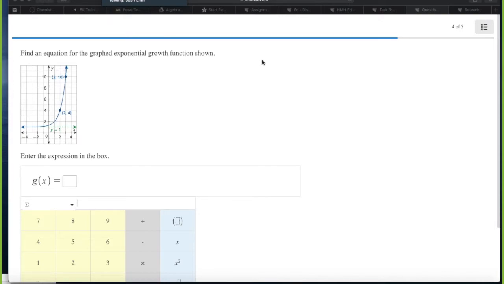So remember, for exponential functions, we've got a times b to the power of x minus h, plus k. So let's start off easy. This k is easy to find. That's just our asymptote.